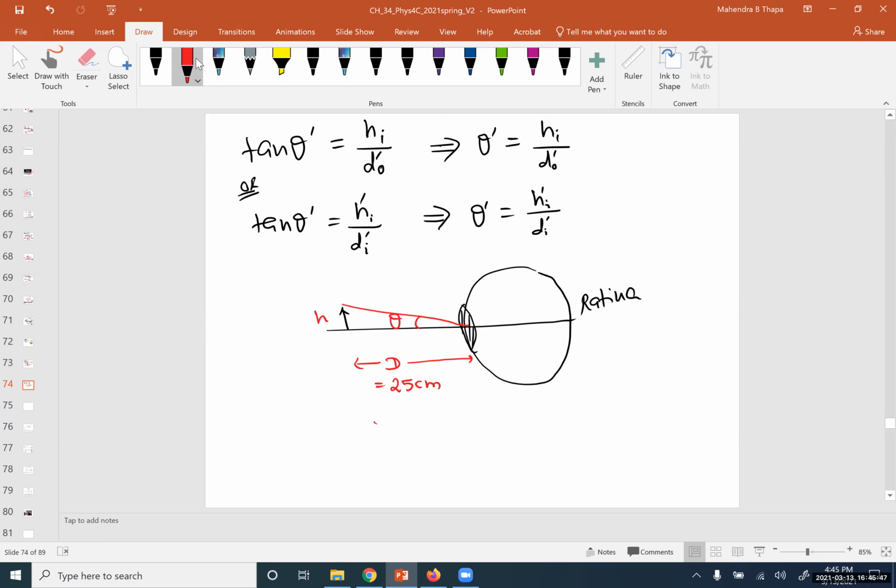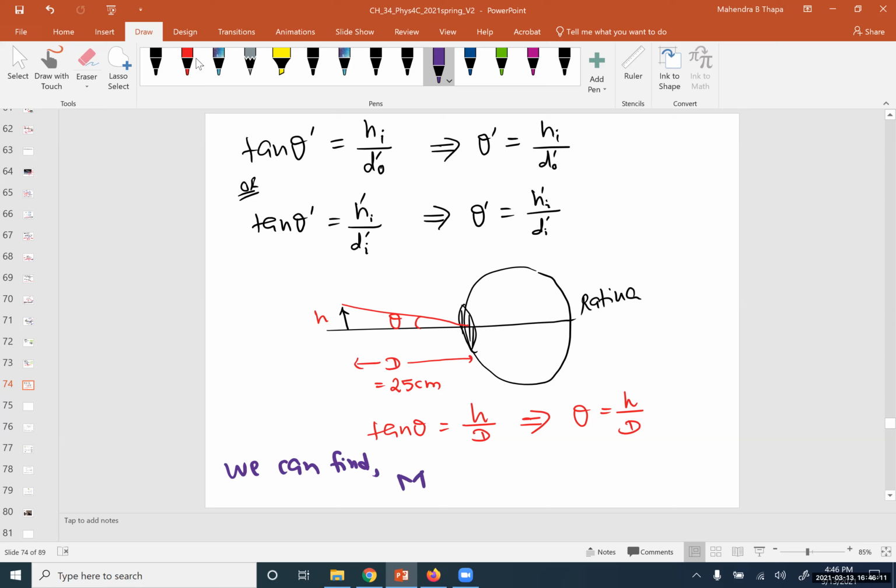So I can write tan theta equals h over d. Okay, so as before, I can write theta equals h over d. Then we can use the above result to find m.